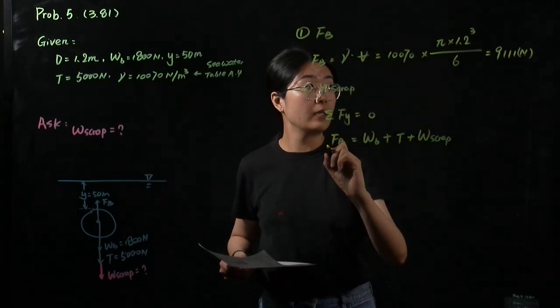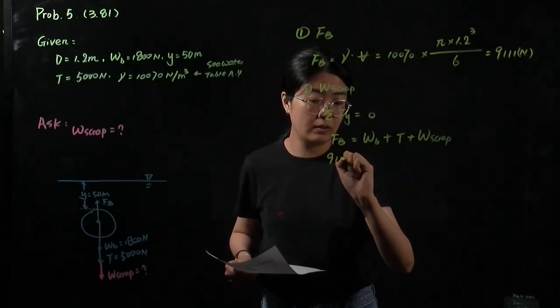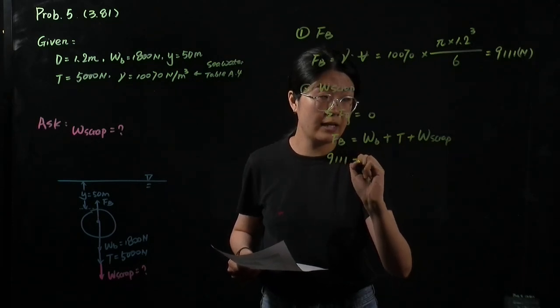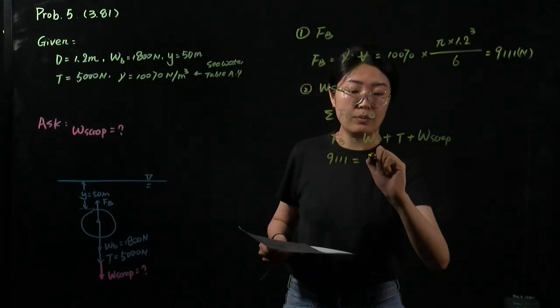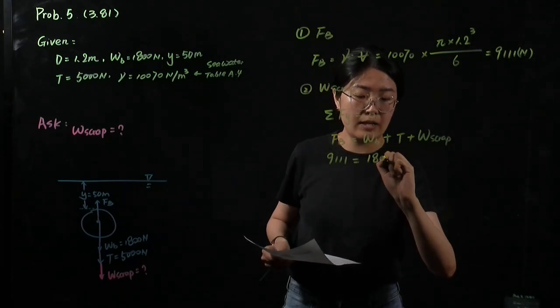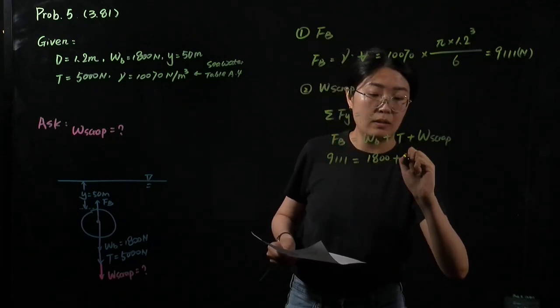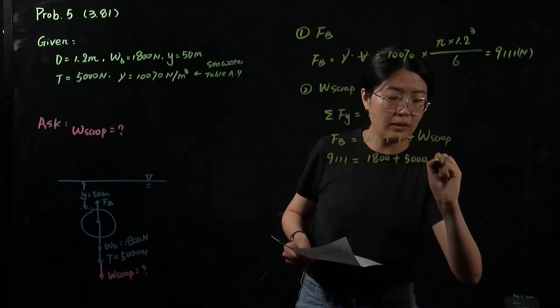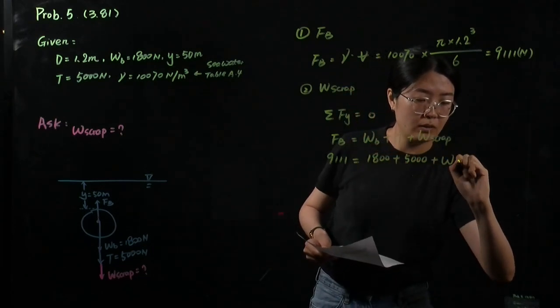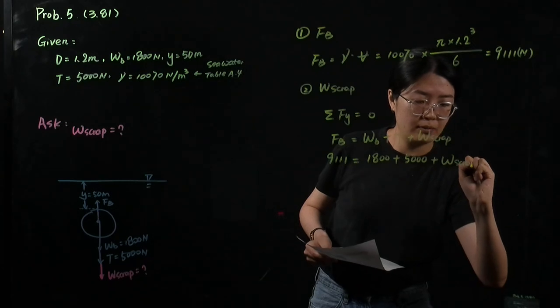So FB, which is 9,111, equals 1,800 plus the T, which is 5,000 Newton, plus the weight of scrap.